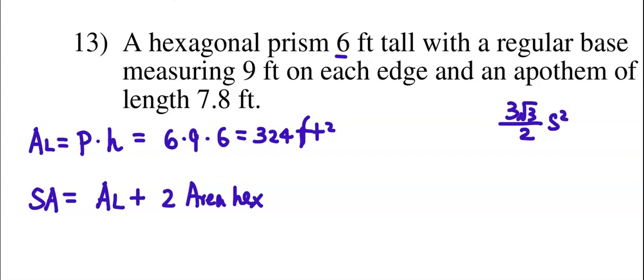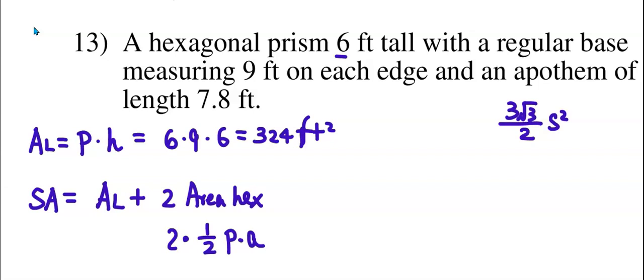Or you can do this, because the hexagon is six-sided, just like what we did for the pentagon: you slice it into congruent triangles, find one triangle area, then times how many. Or you can do 1/2 times the perimeter times the apothem. Because you have 2 of them, you do 2 times that.